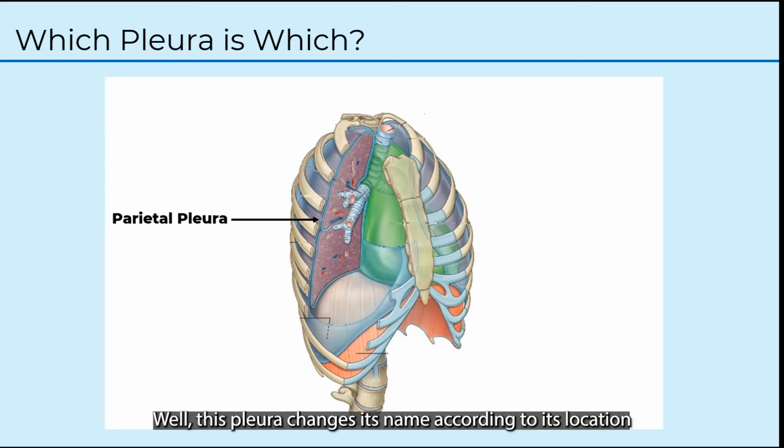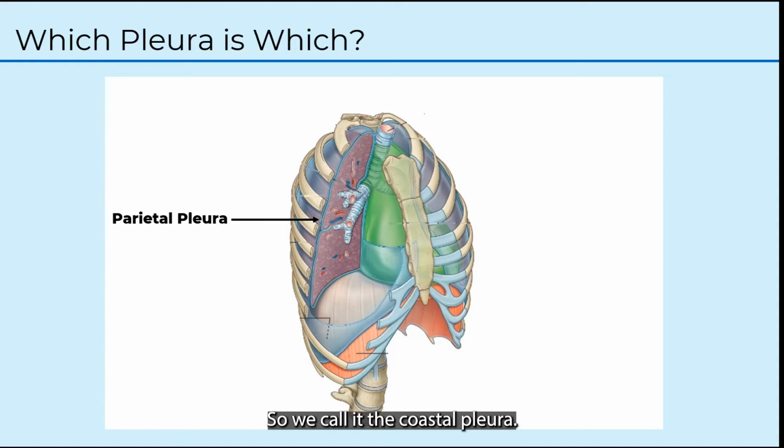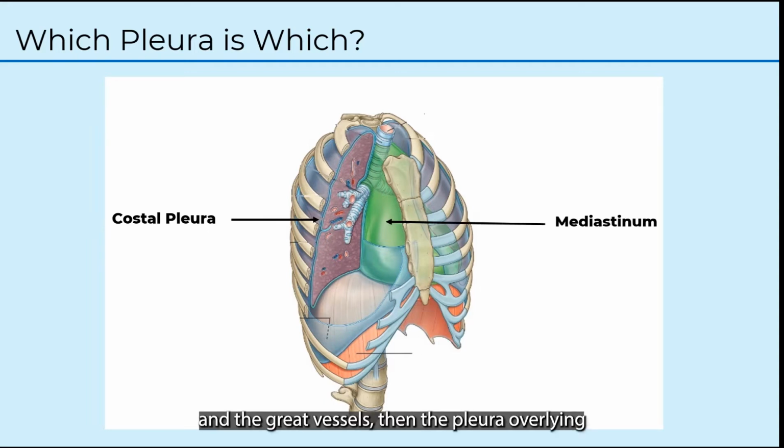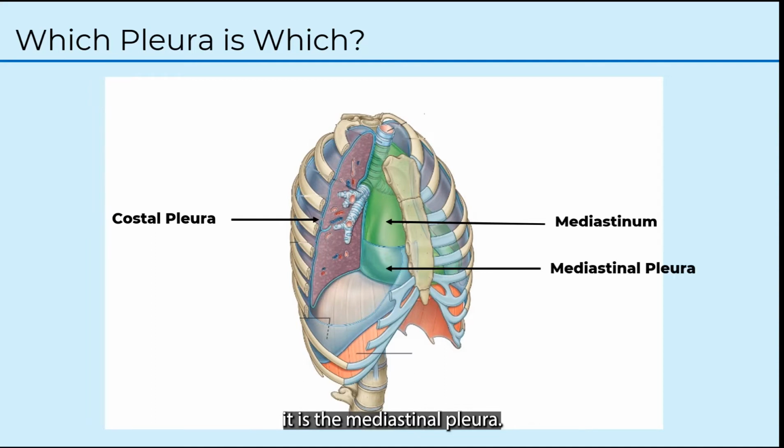But this pleura changes its name according to its location within the thorax. So this area is labelled as the parietal pleura lining the ribs, so we call it the costal pleura. If this green area is the mediastinum, the home of the heart and the great vessels, then the pleura overlaying it is the mediastinal pleura.